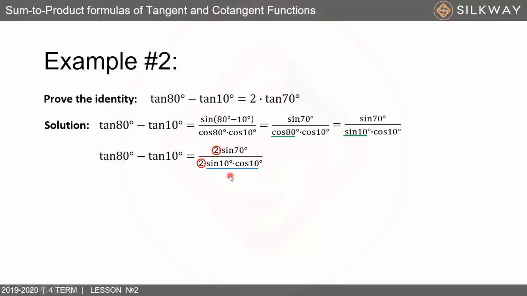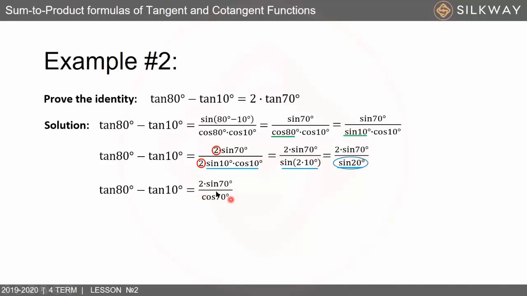And if we use double angle formulas here, we will have sine 2 multiplied by 10, and then 2 multiplied by sine 70 degrees over sine 20 degrees. And sine 20 degrees, if we use reduction formulas, will be cosine 70 degrees here.